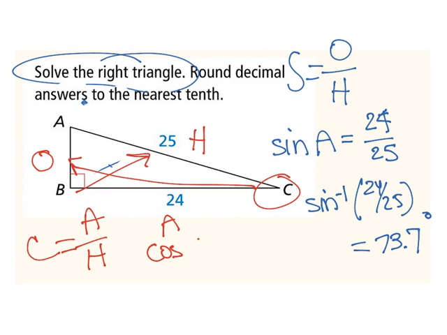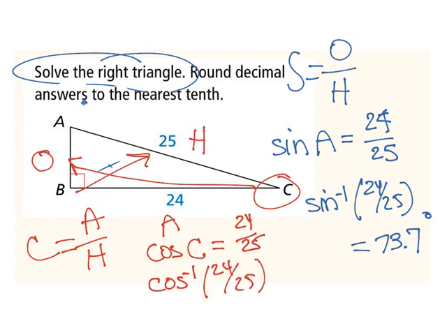So we can do the cosine of C is equal to 24 over 25. So cosine, the inverse of cosine is how you would say that. 24 over 25. Hold on, let me put in my calculator. It is 16.3. Hey, isn't that what I said it needed to be? Yay, now they both add to 90.